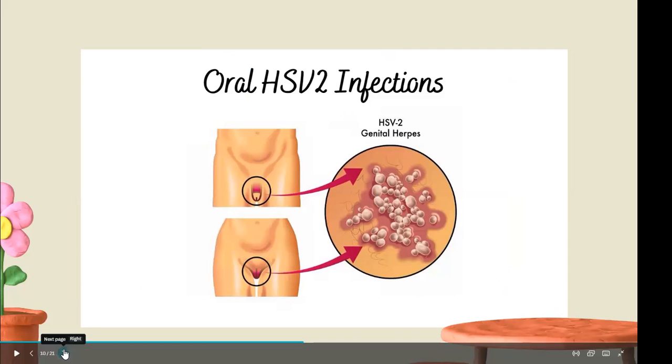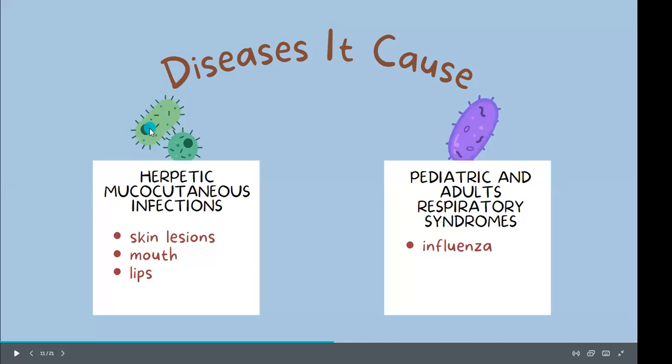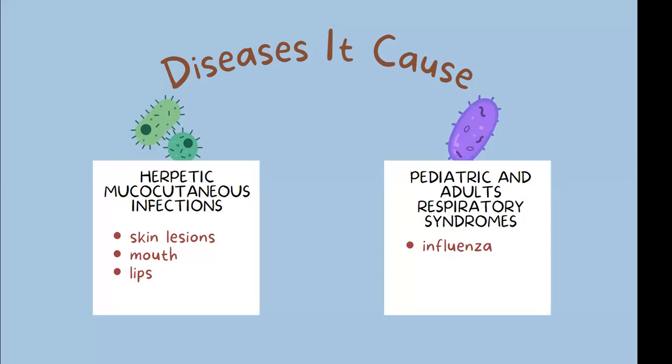For this serotype 2, the diseases it causes include, of course, herpetic mucocutaneous infection. From this word mucocutaneous, meaning within the skin, of course, it may cause skin lesions in our mouth and our lips.